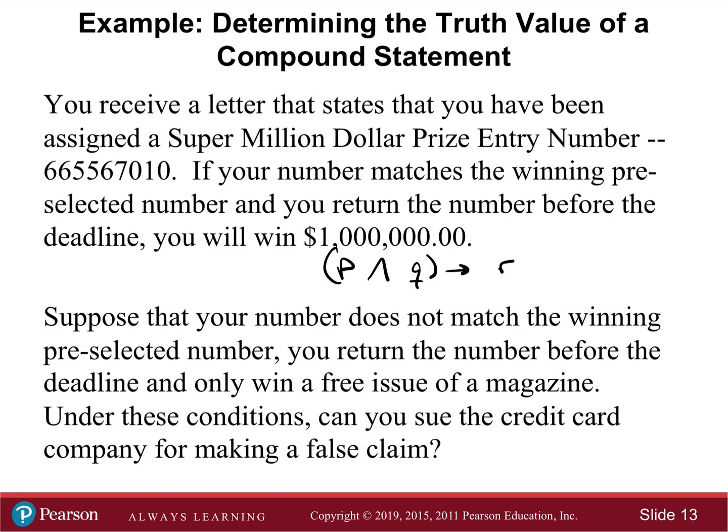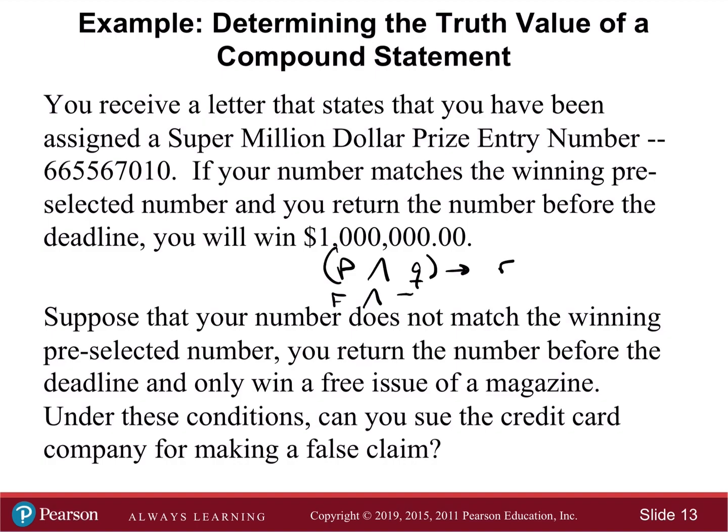Actually, let's keep going. Let's do the symbols. Actually, I think we can apply the truth value, right? So our number does not match. So P is going to be what? False. And you return the number before the deadline.